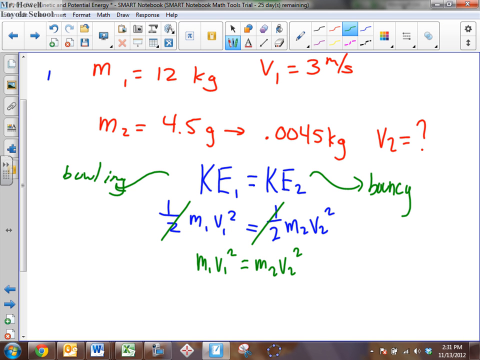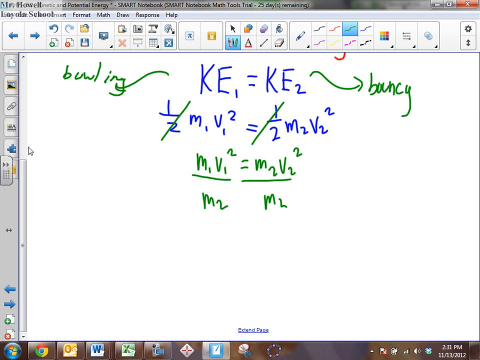I have to get rid of that m2 first. How do I get rid of the m2 in front of it? Divide. So let's divide by m2 on both sides. On this side, we have m1 v1 squared over m2. These m2's cancel.